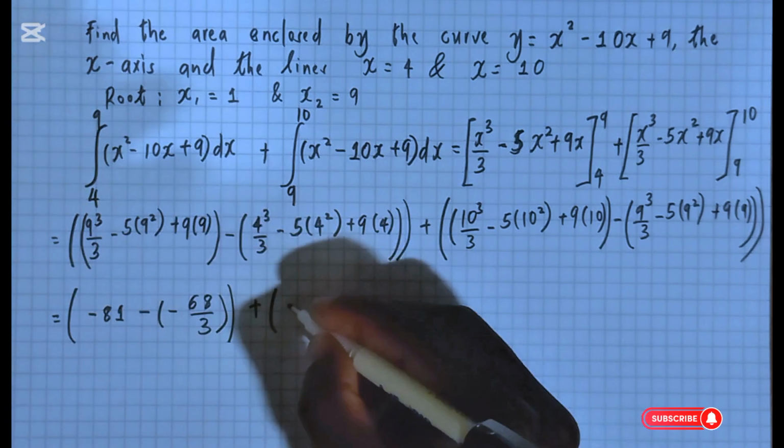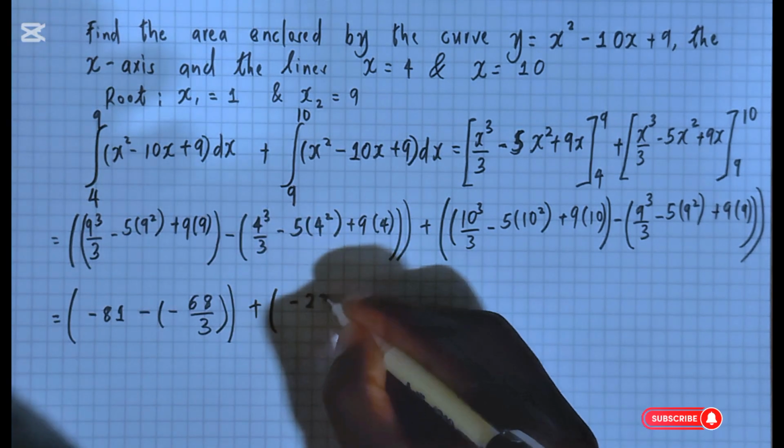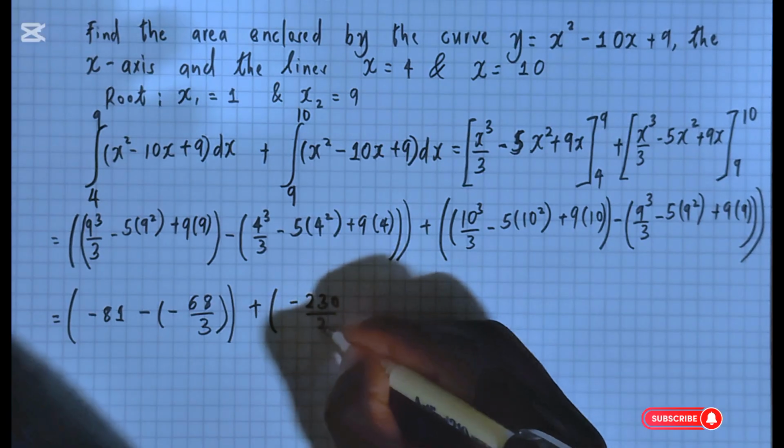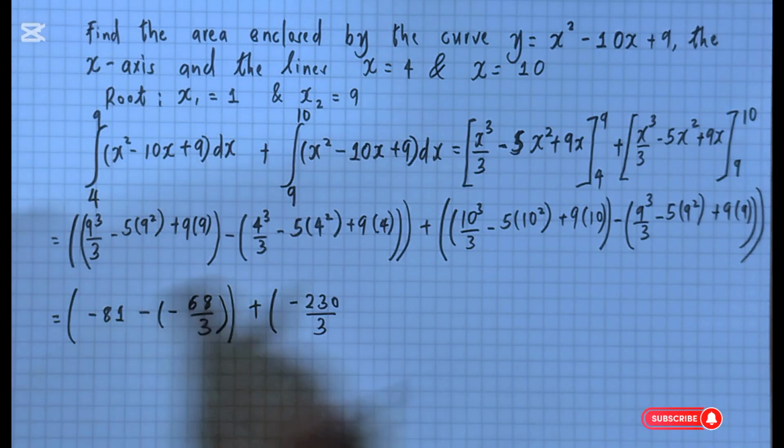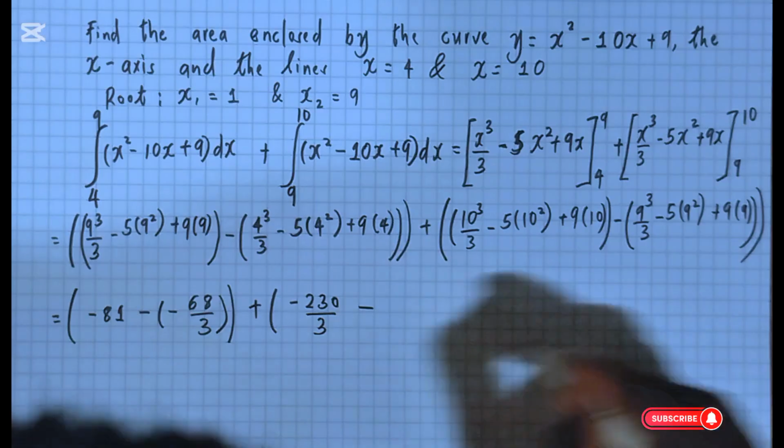And notice that you are going to get negative 230 all over 3, minus, okay?